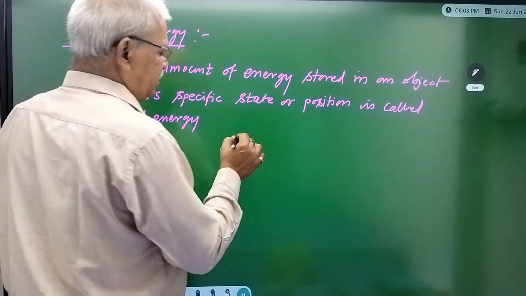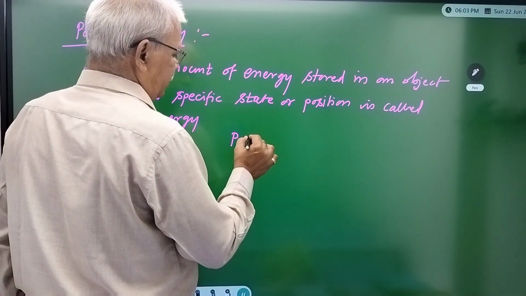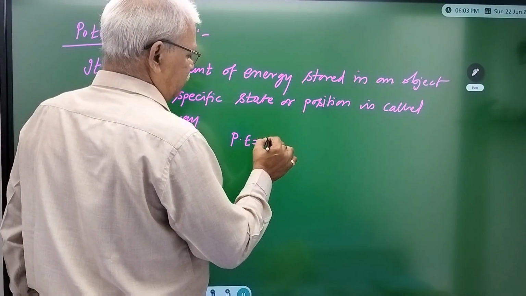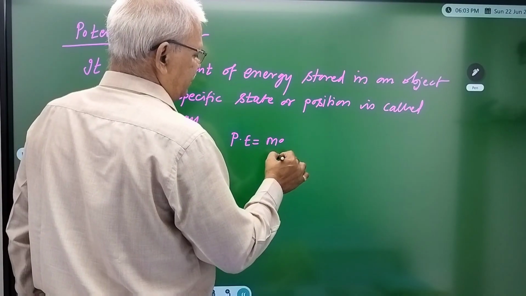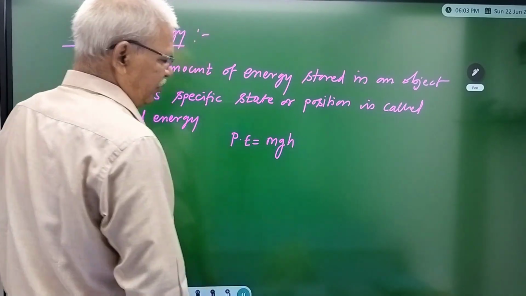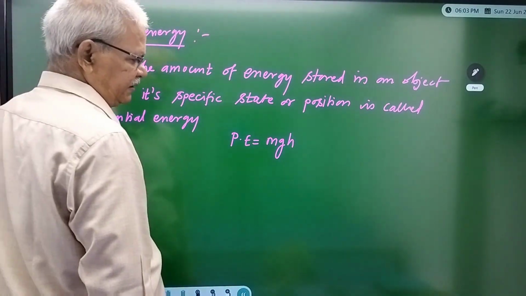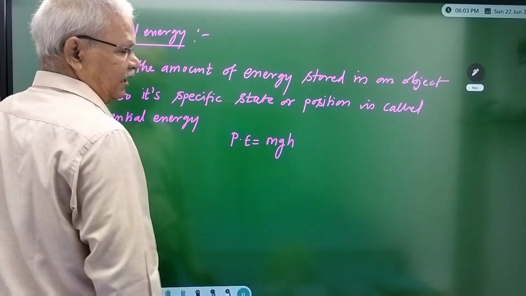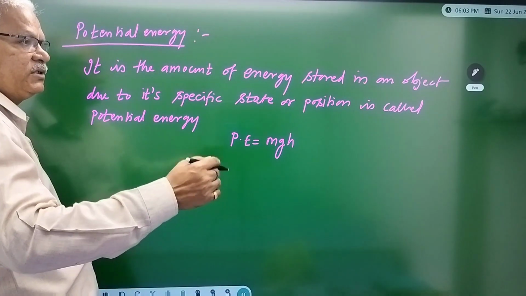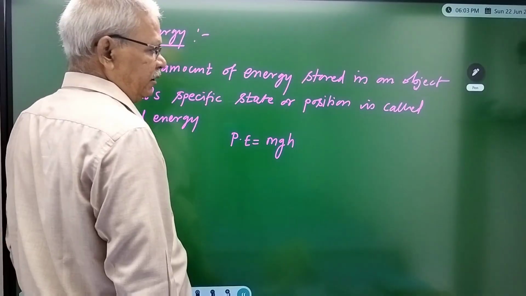Okay, and potential energy is equal to mgh, where m is the mass, g is the acceleration due to gravity, and h is the height up to which the object is lifted.